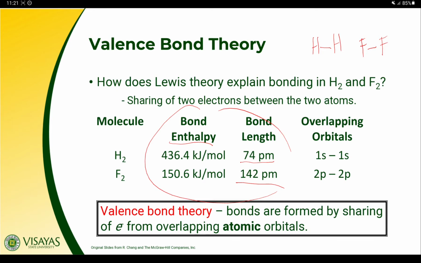So this explains why we have different bond enthalpies and bond lengths for hydrogen and fluorine molecules, because according to valence bond theory, it's the 1s orbitals which overlap to form the bond in hydrogen, while in fluorine we have 2p orbitals which overlap to form the bond. So the answer to this data is that hydrogen and fluorine use different orbitals in forming the bond. That is why they have different bond lengths and bond enthalpies.